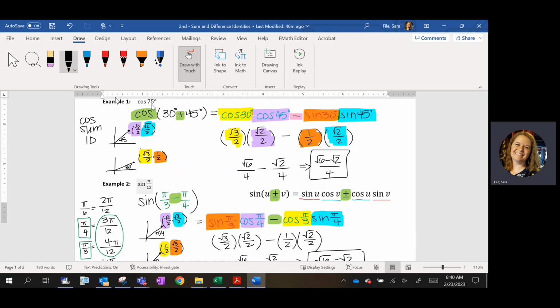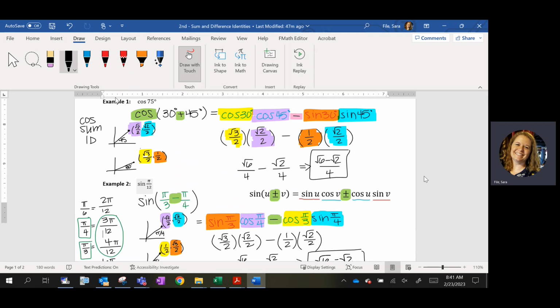And remember how we talked about complementary angles? Like that's like the opposite acute angles in a right triangle. How their sine and cosine would be flipped. So cosine at 75 is the same as sine at 15. Cosine at 15 would be the same as sine at 75.